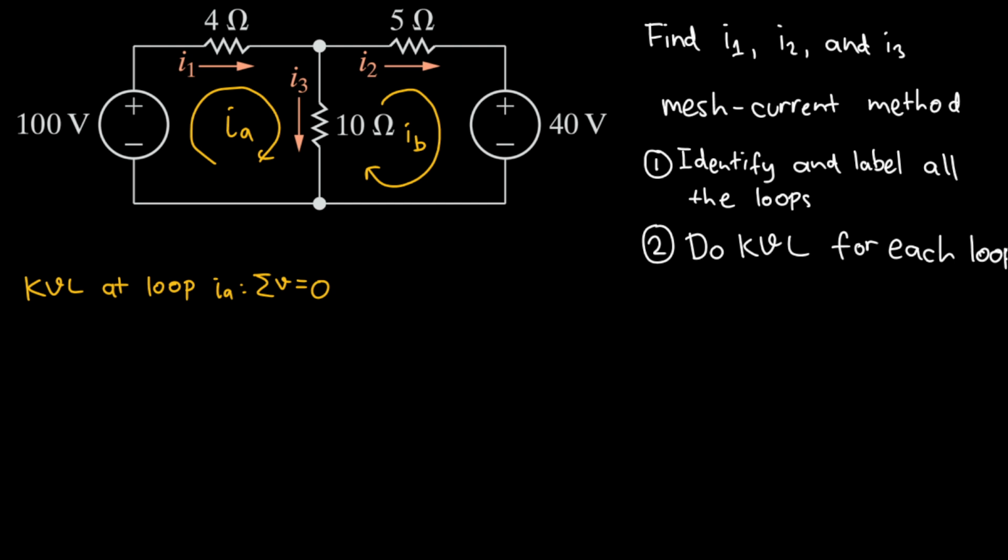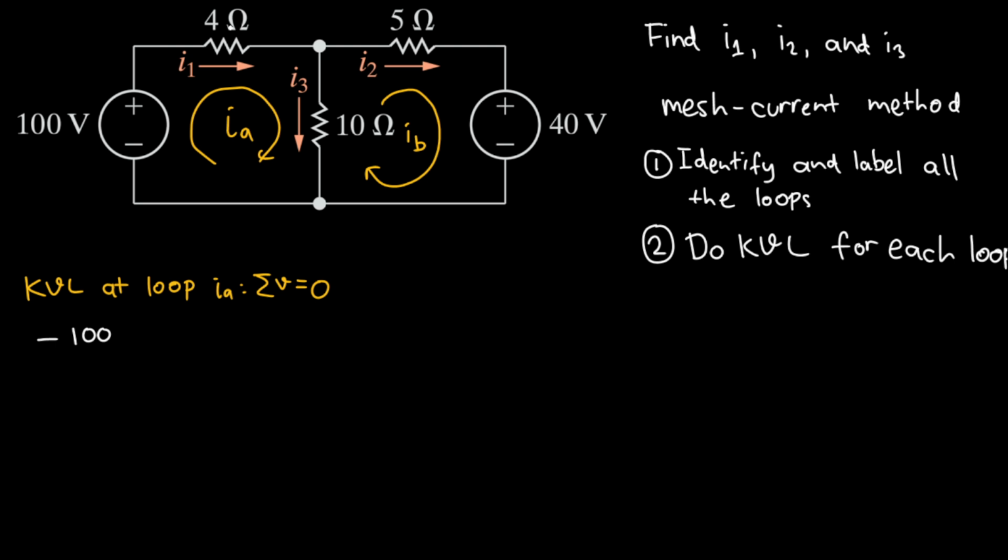Okay, let's see here. IA will pass through this 100 volt voltage source. So we know that the magnitude is 100, but then we have to be very careful about the sign. It entered from the negative terminal here. So we will have a negative sign, and then the value will be 100 volts. Good.